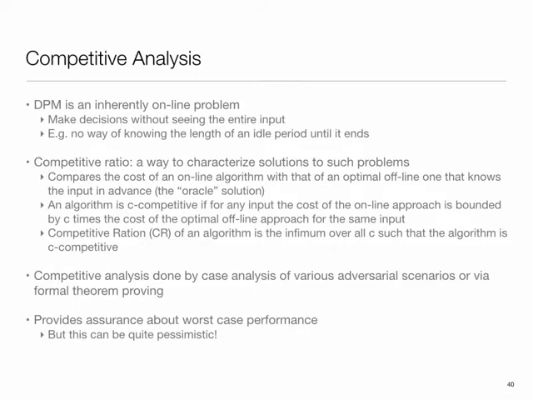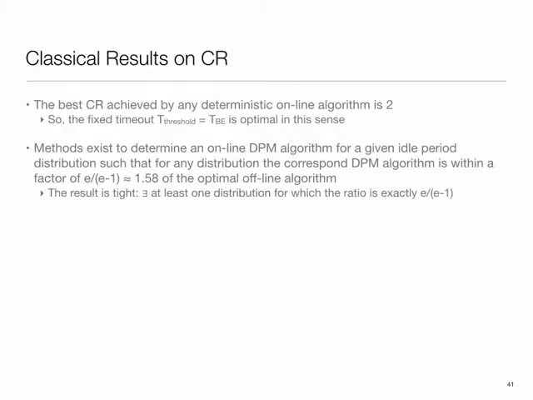Theoretically, there aren't very many strong results in terms of being able to say something on the average case, because that depends upon the distribution. So these things are usually quoted in terms of the competitive ratio. There's a classical result which says that the best competitive ratio achievable by any deterministic online algorithm is 2.